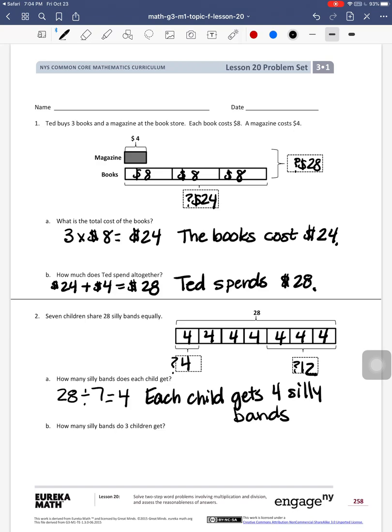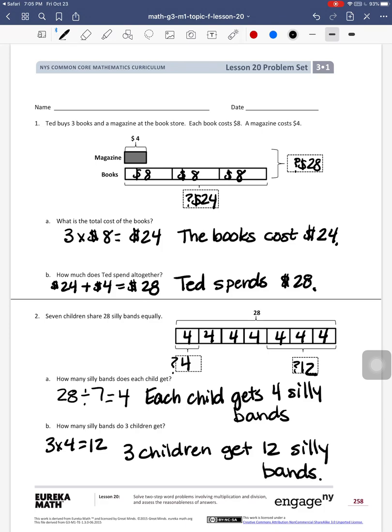Oh, and this 4 was an unknown at first too. So we can say 3 times 4 equals 12, or 3 children get 12 silly bands. How'd you do? I bet you did awesome.